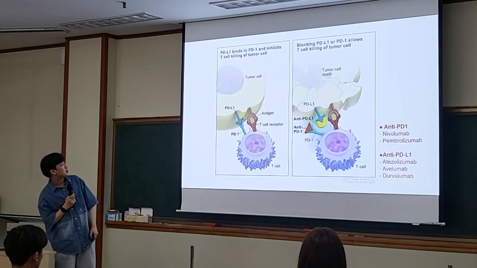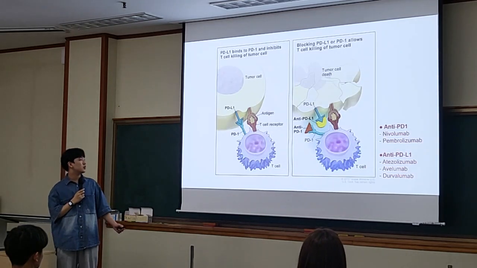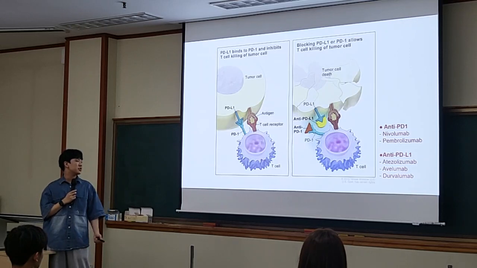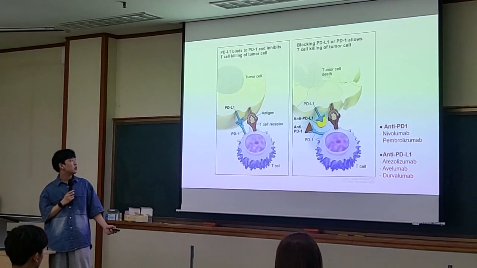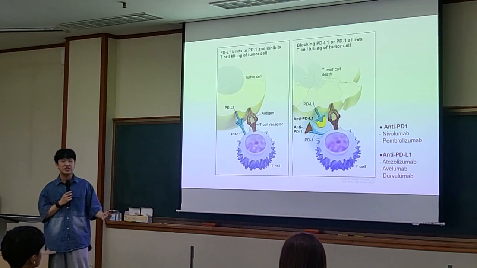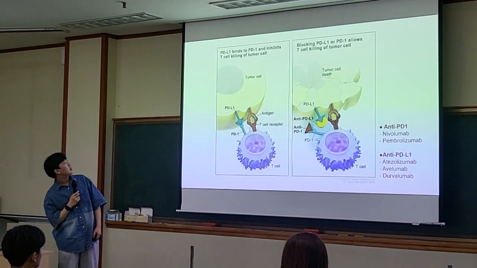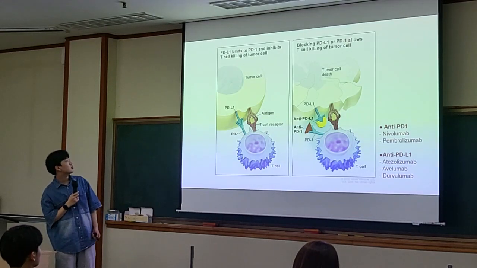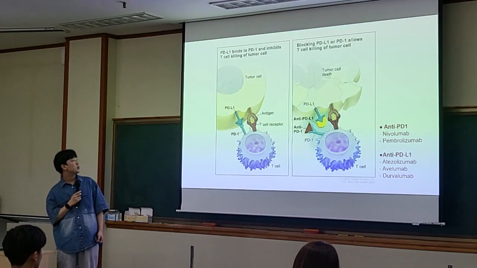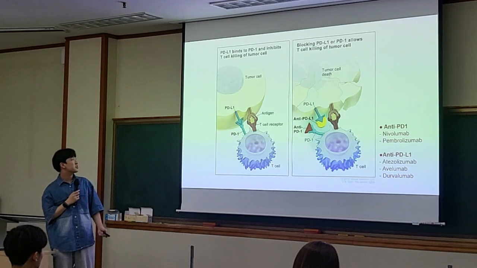First, PD-1 is the receptor expressed on the T cell surface, and it is related to cell apoptosis. PD-L1 is called PD ligand 1, which is expressed on the tumor cell surface.